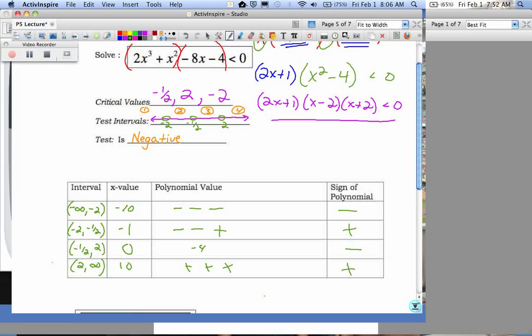So what's your answer? Here, right? And here. That's what the table is for. It'll tell you exactly how many intervals you should have.